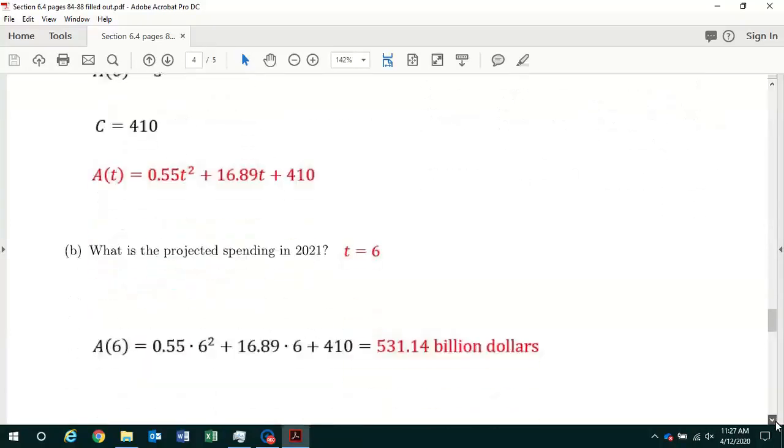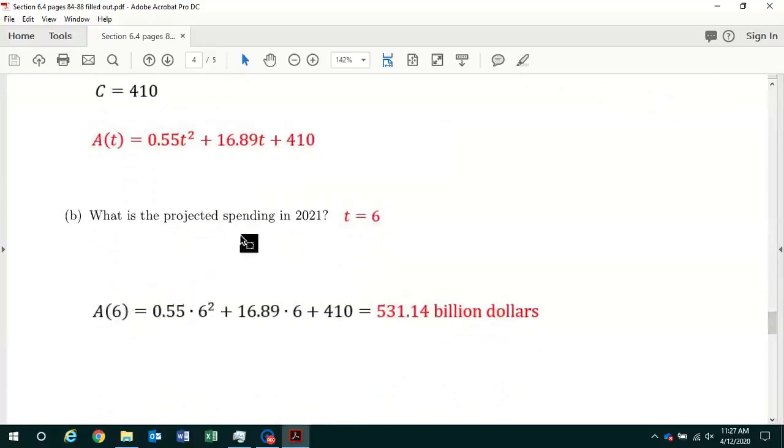And then part B asks, what is the projected spending in 2021? Well, if 2015 corresponds to t equals 0, then 2021 corresponds to t equals 6. So to find this projected spending in 2021, we just put in 6 for t up here, and we have A of 6 is equal to 0.55 times 6 squared plus 16.89 times 6 plus 410.